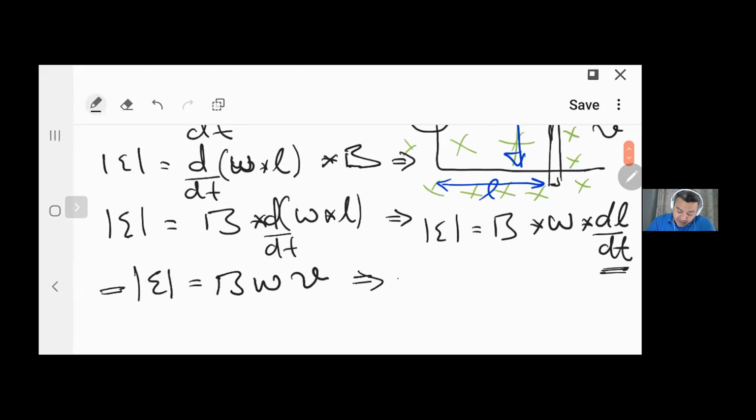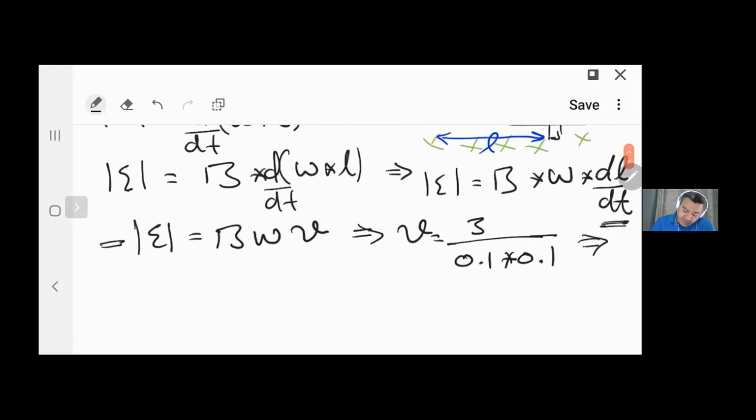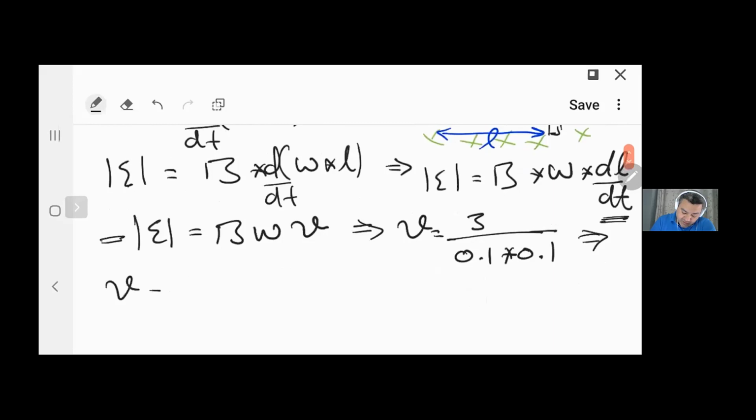And in this case, v will be 3 divided by 0.1 times 0.1, where one of them is the length and the other one is the magnetic field, 0.1 Tesla, which means v equals 300 meters per second.